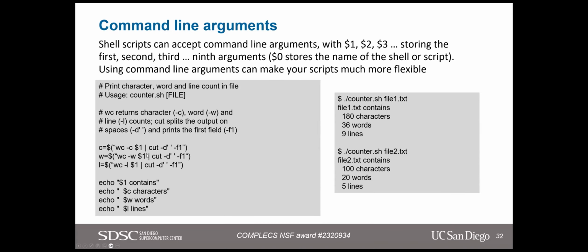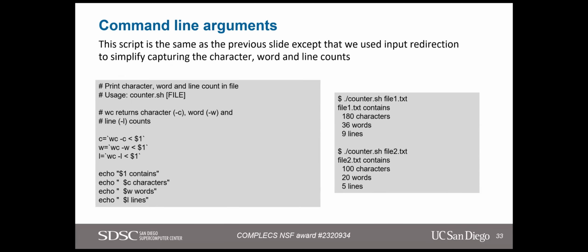In the curly braces, I'm doing a word count on the file, piping that into cut -d, which splits the output on spaces, and then we print just the first field. We can see that I've run the script two times, on file 1 and file 2. The first file has 180 characters, 36 words, and 9 lines, and the second one has 100 characters, 20 words, and 5 lines.